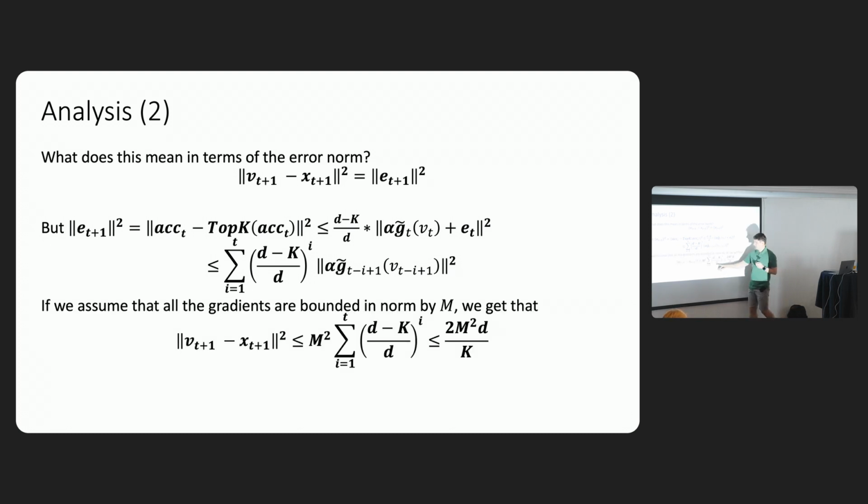If we assume that the norm here is upper bounded by, let's say, m squared, then we will get that this whole thing is going to be upper bounded by m squared times d minus k over d to the power i, which you can always simplify to 2m squared d over k. Basically, this is standard. Yeah?